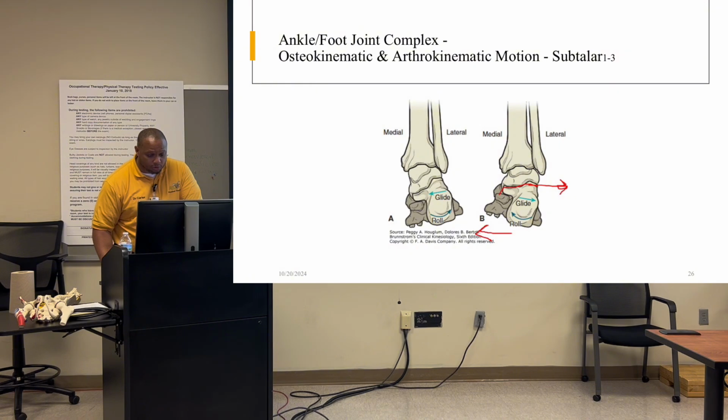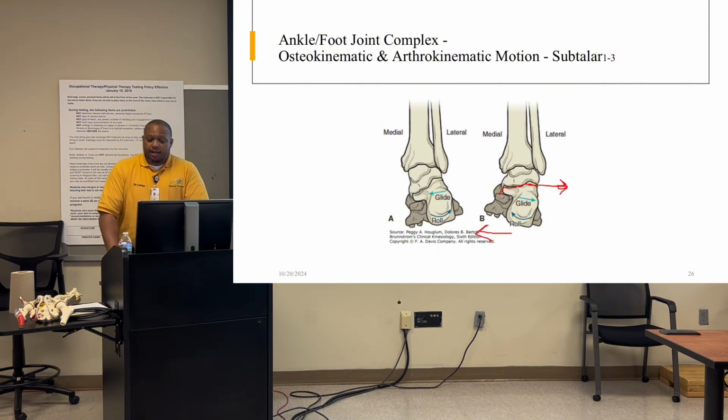So in picture A, you get a lateral swing, lateral roll with a medial glide. In picture B, you get a medial swing and a medial roll of the calcaneus with a lateral glide.